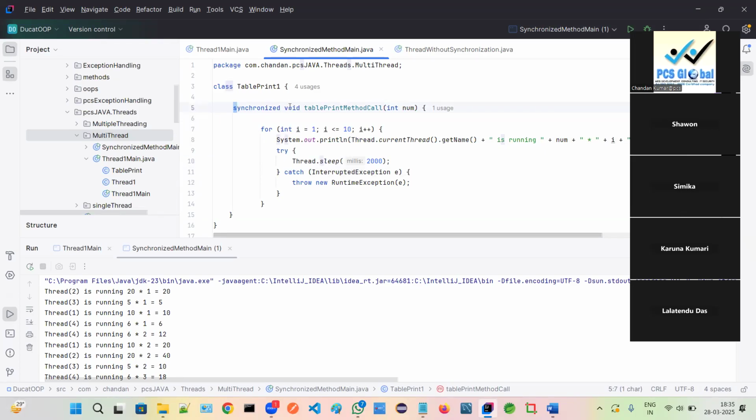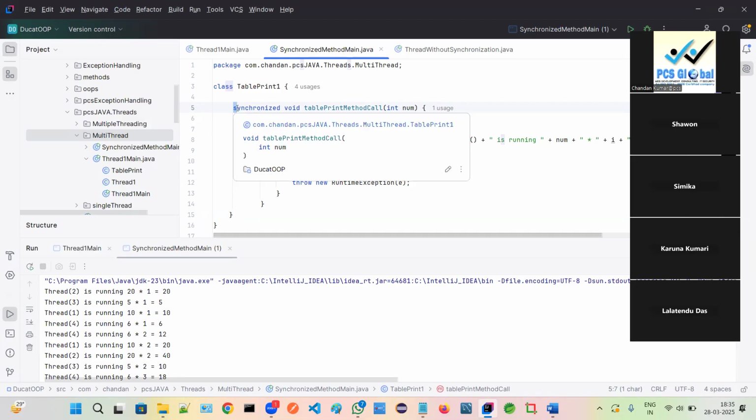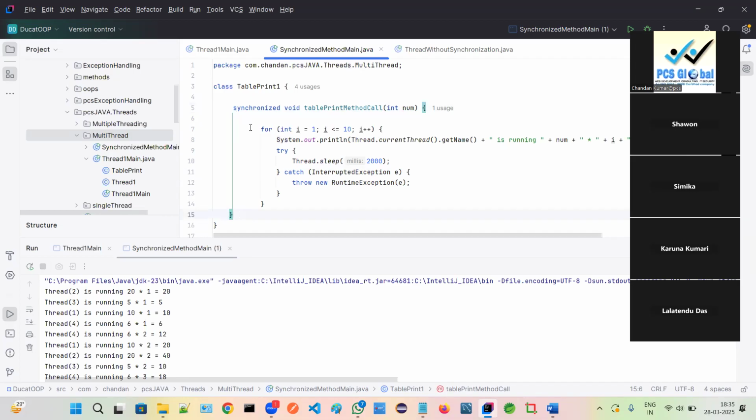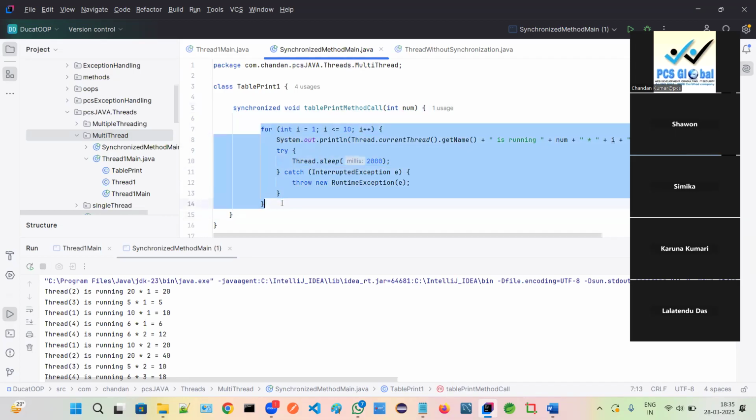Means what? They are waiting outside, they are getting into the blocked state. Why? They are trying to access it, but it is already locked. Then how will they enter inside? They can't. Why are they not able to enter inside? Because it is already locked by one thread, and that thread went inside, right?